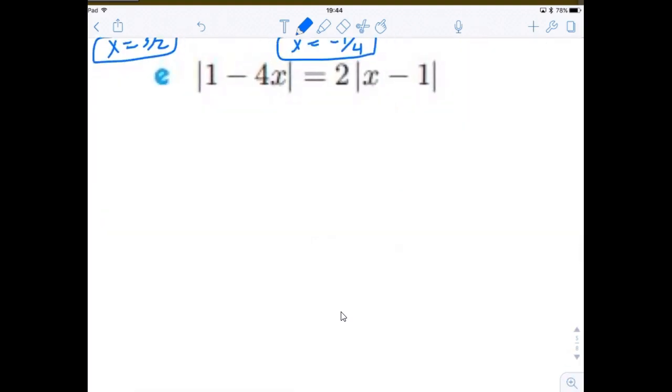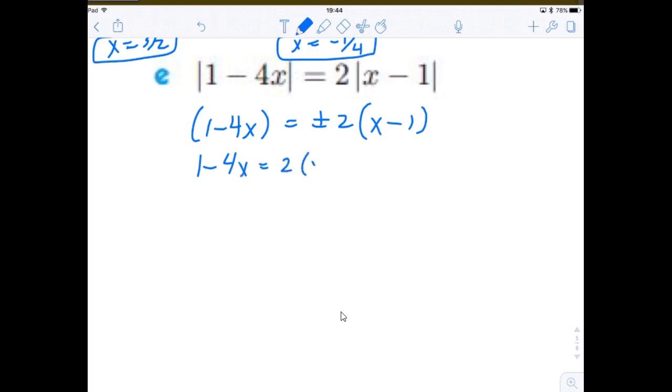Let's do e. Same thing here, so we'll do 1 minus 4x is possibly plus or minus the right side. So let's do the positive one first, and then we'll do the negative one. And then we will distribute the 2. And then we'll move the x's to the right, and we'll move the numbers to the left.